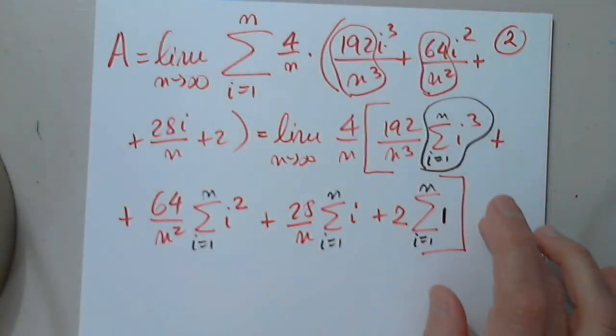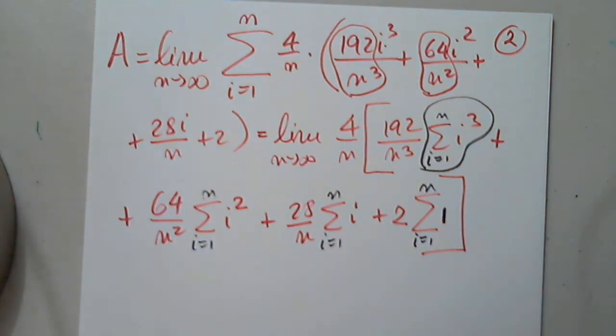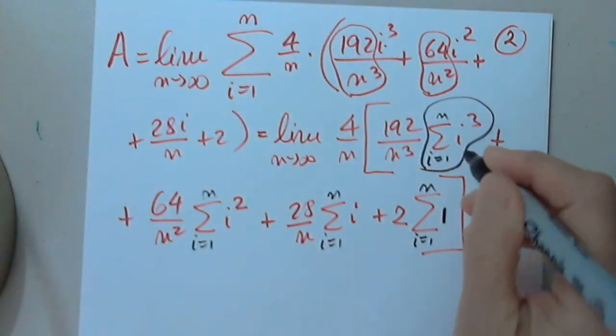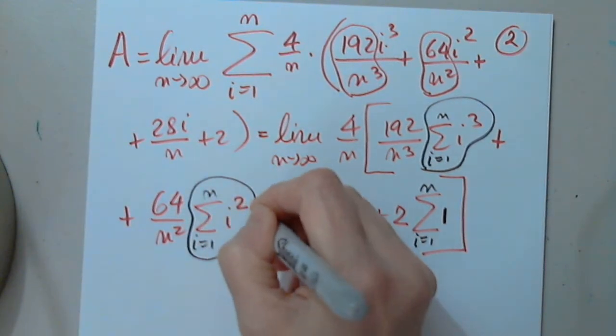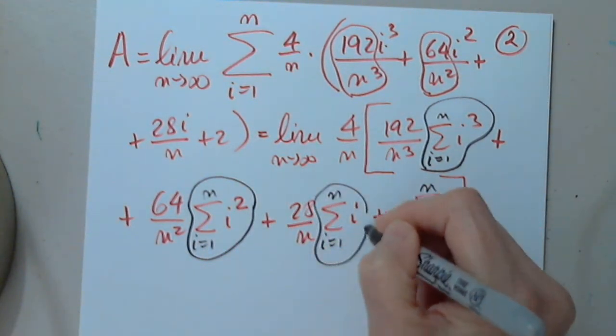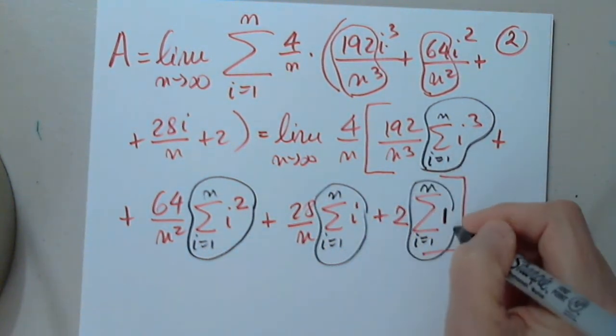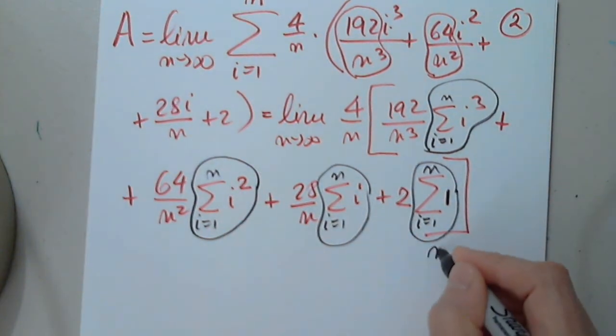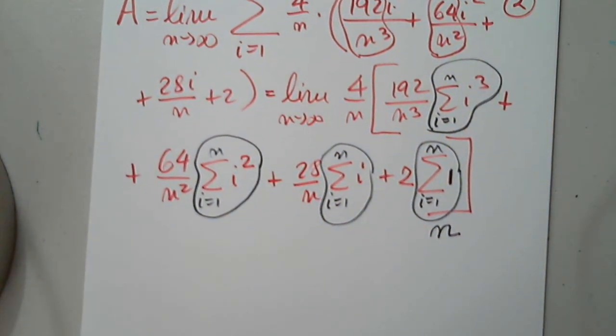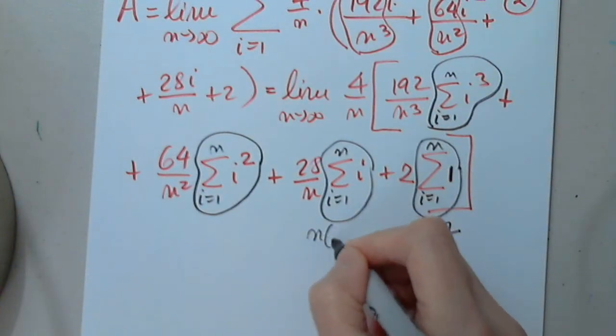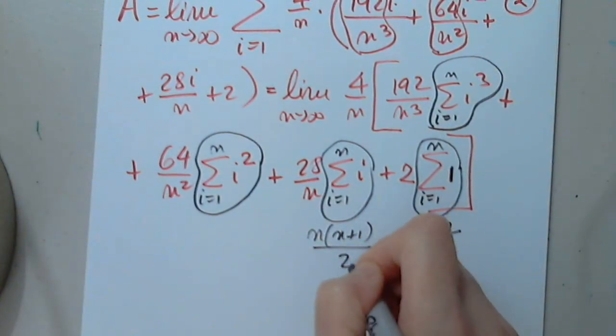Dixon, did I answer your question? Oh yes, that's fine. So now we replace this, this, this, and this. This is the easy one, n plus 1 over 2.